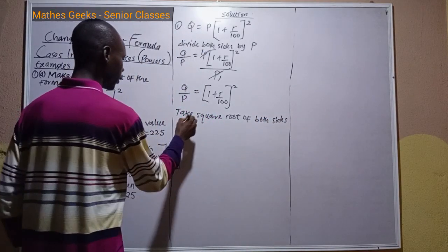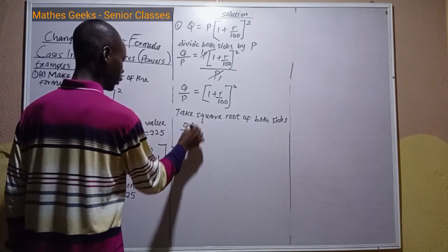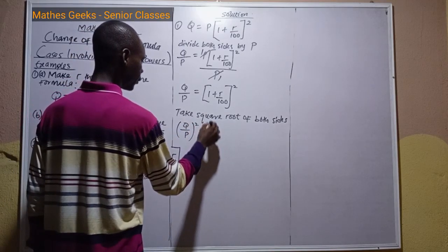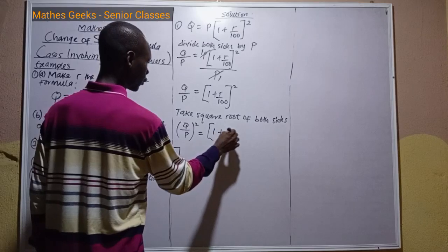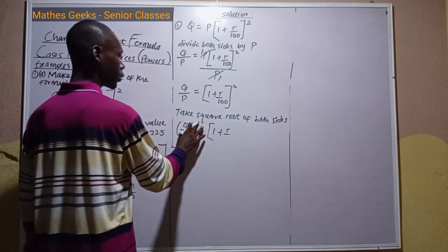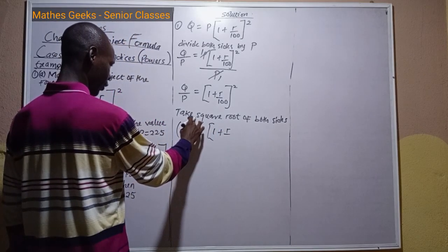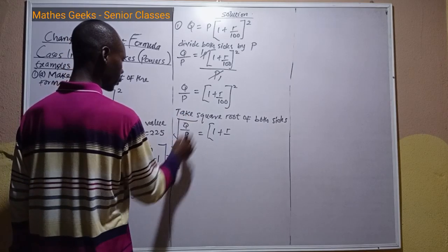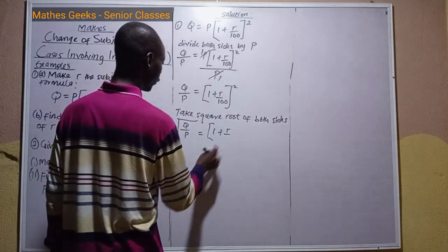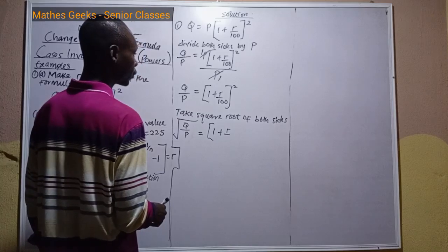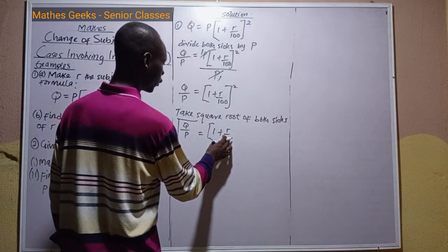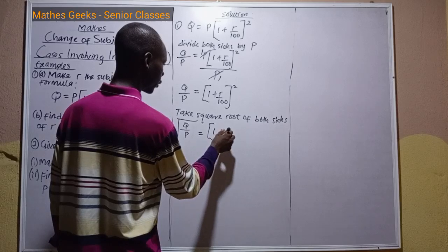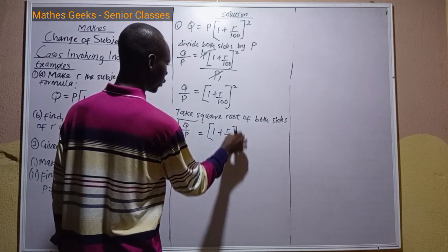So taking the square root of both sides, that will be the square root of Q over P equals 1 plus R over 100.